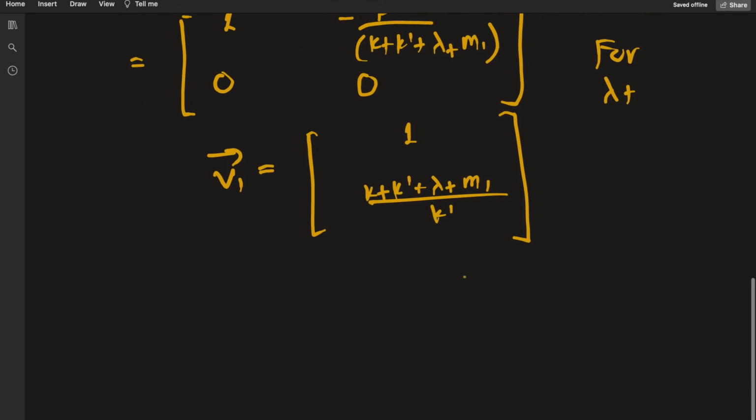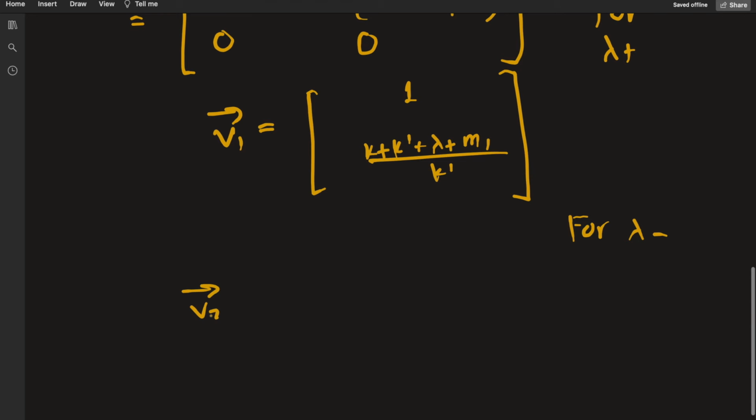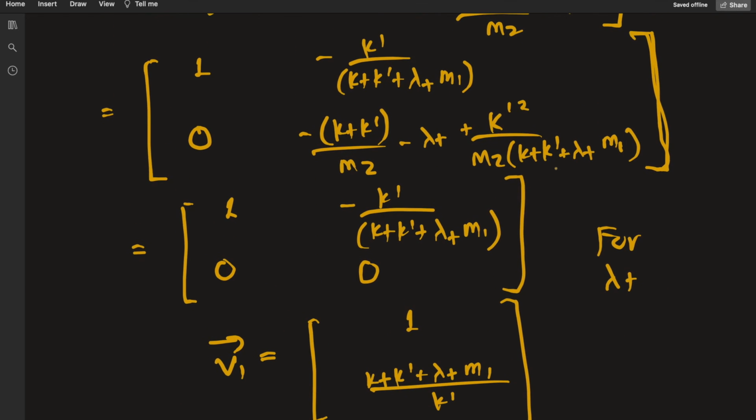And the best part is we don't need to do anything special for the lambda minus case, because just replace the plus with the minus, the steps were the same. Again, we make a similar assumption for the lambda minus case, except instead of a lambda plus there, we have a lambda minus.